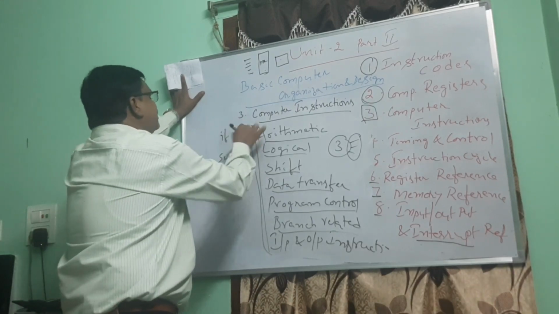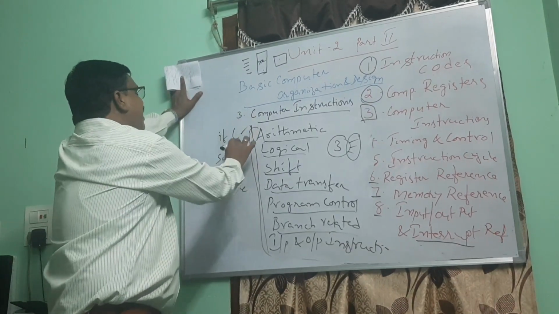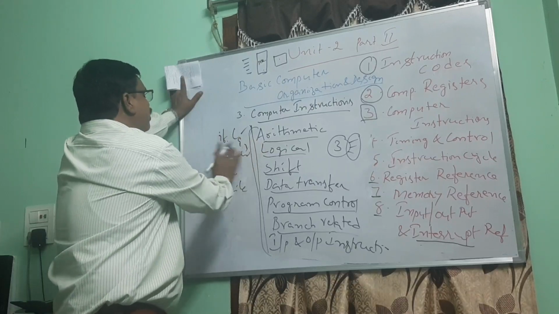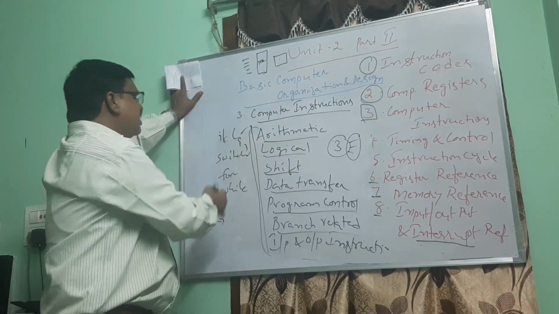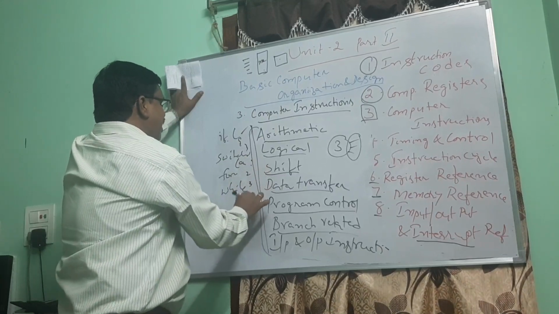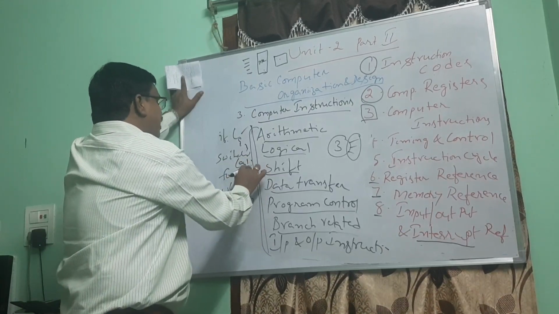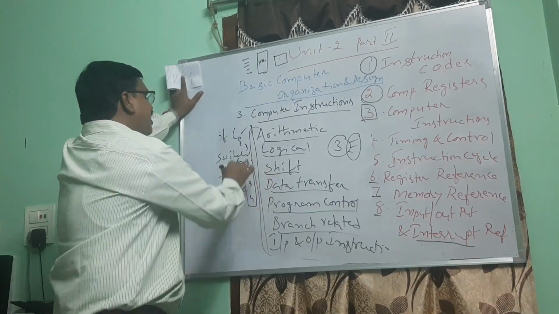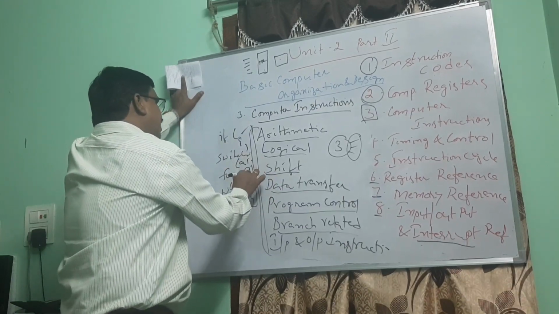So if this condition is okay, execute this, or don't execute this, go to here, like this. And in switch, you have case 1, case 2, case 3, case 4. So if case 1 is executed, the other 3 will not be executed. If case 1 is not executed, one of the other 3 will.